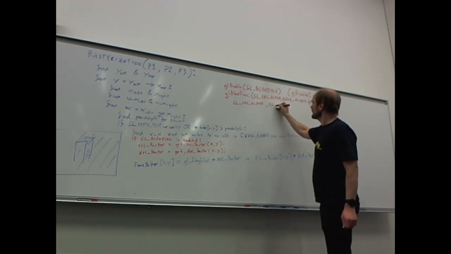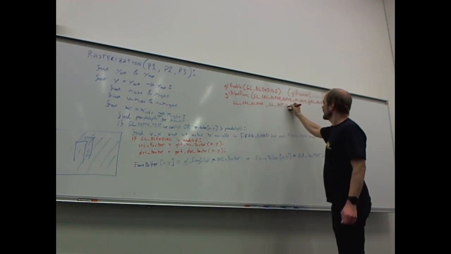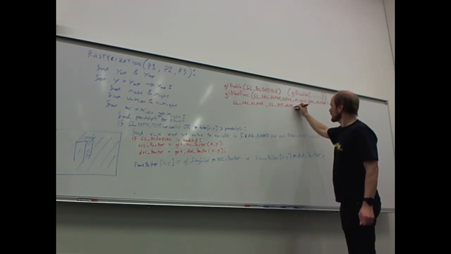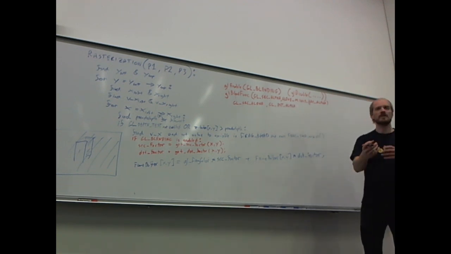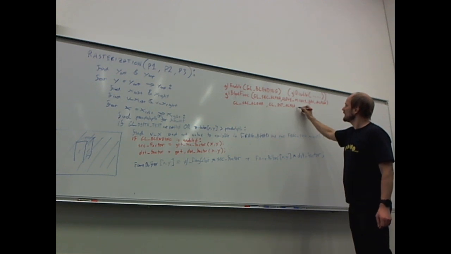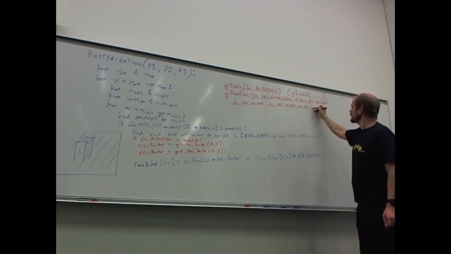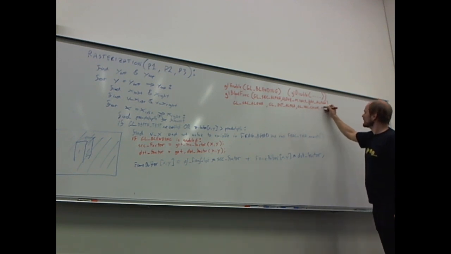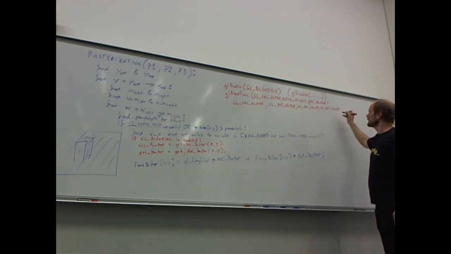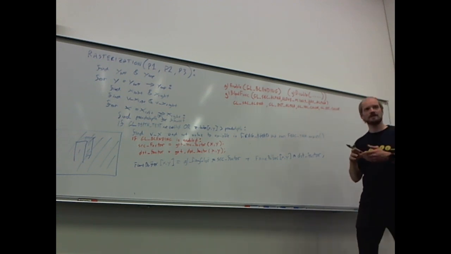We have GL destination alpha. So I can take the alpha value of what's already there, destination alpha. I have GL source color and GL destination color. Who can guess what those do?